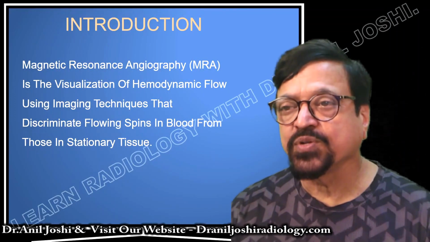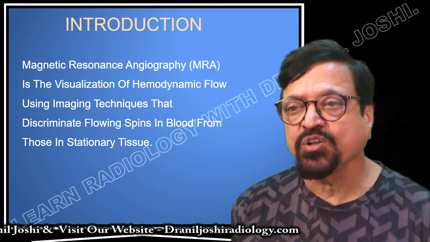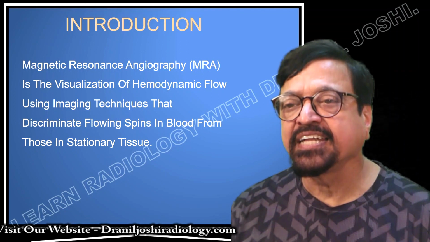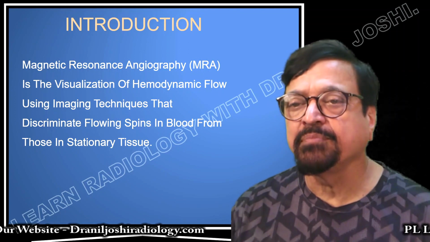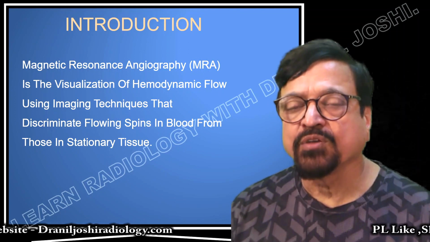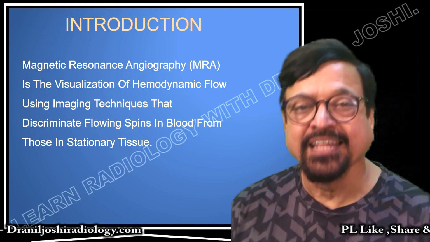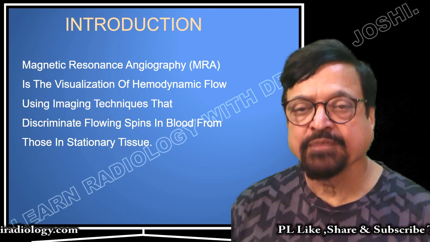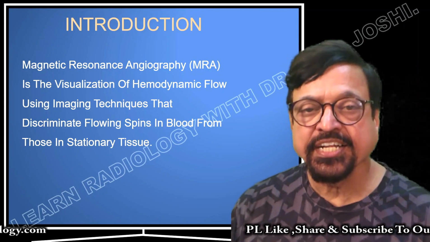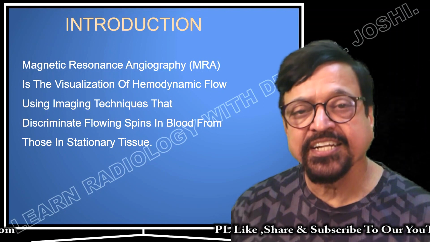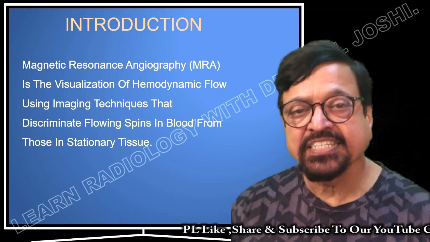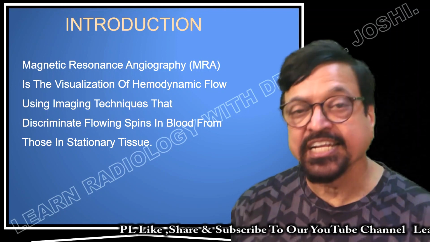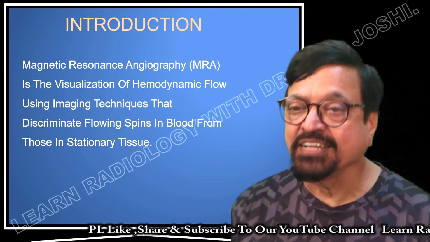Now, magnetic resonance angiography is a visualization of hemodynamic flow using an imaging technique that distinguishes flowing spins in blood from those of the stationary tissue. What does it mean? It means that there are two types of tissues. Take the brain, for example. There are some moving tissues and certain stationary tissues. If we can distinguish moving tissues from stationary tissues, we can image blood vessels.